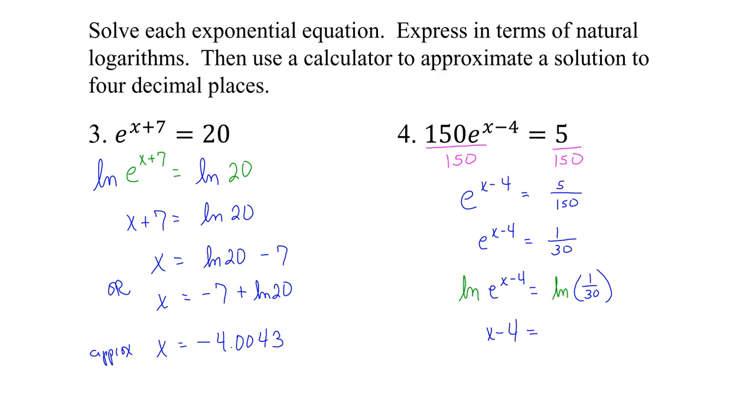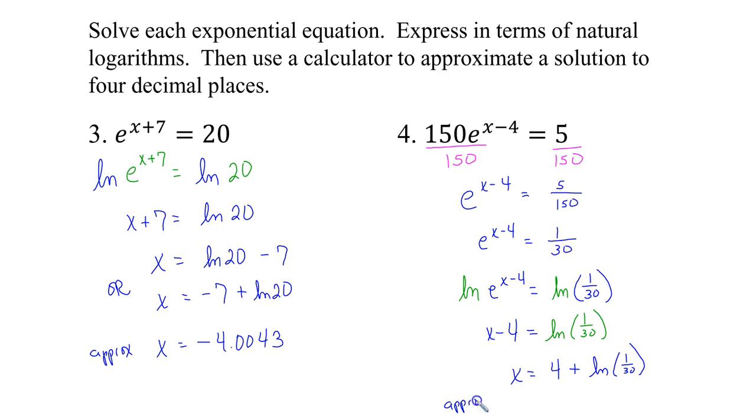And this is going to be equal to the natural log of 1/30. Going to add 4 to both sides, and so I get x is equal to 4 plus the natural log of 1/30. This is my answer in terms of a natural logarithm.